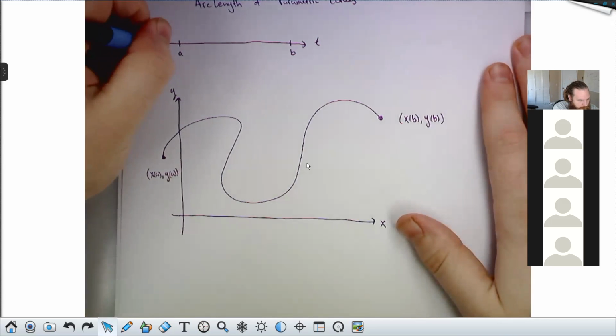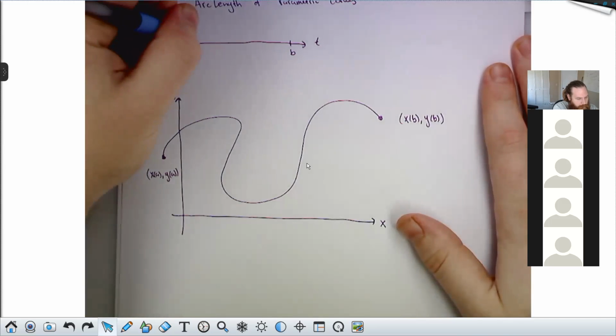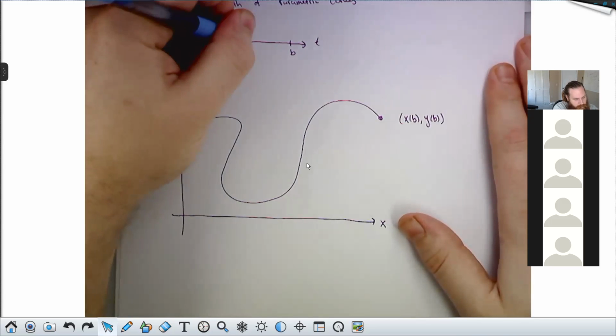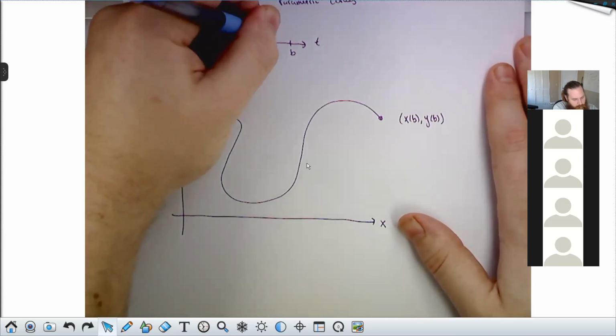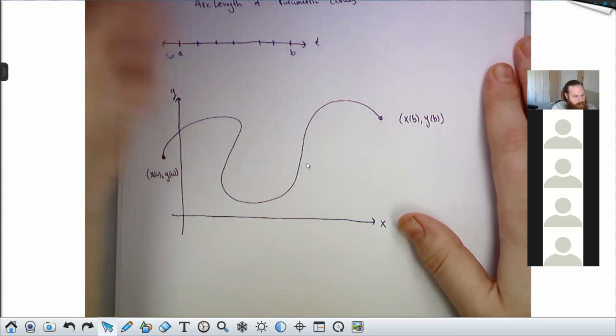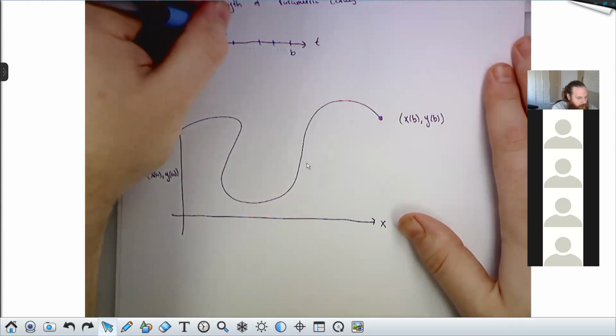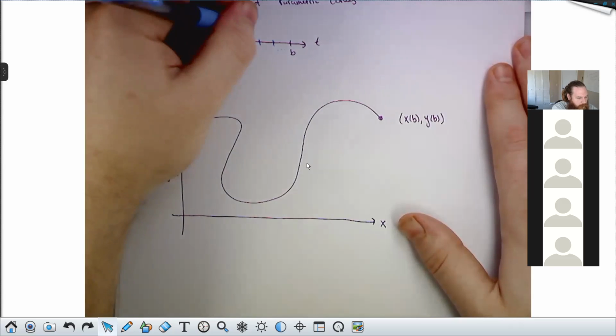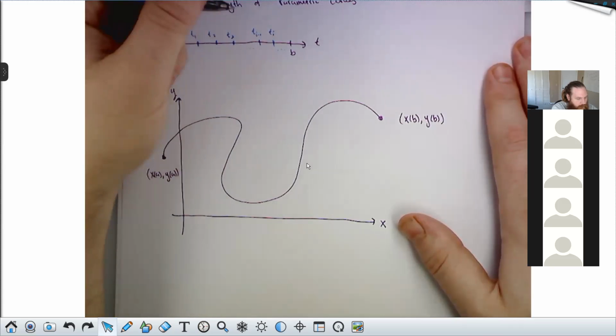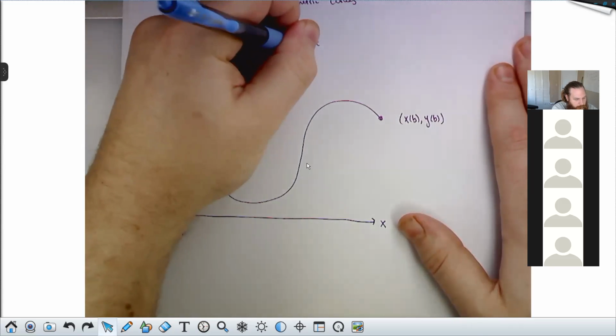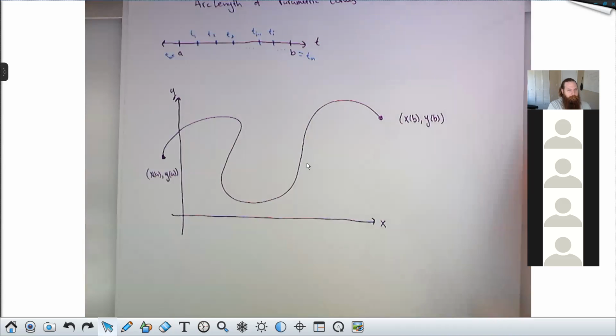I'm going to call a t0, and then I'm going to chop this up into a bunch of little subintervals. So this would be t1, t2, t3. I'll call this ti minus 1 and ti. And then the last one here, b, would be tn.